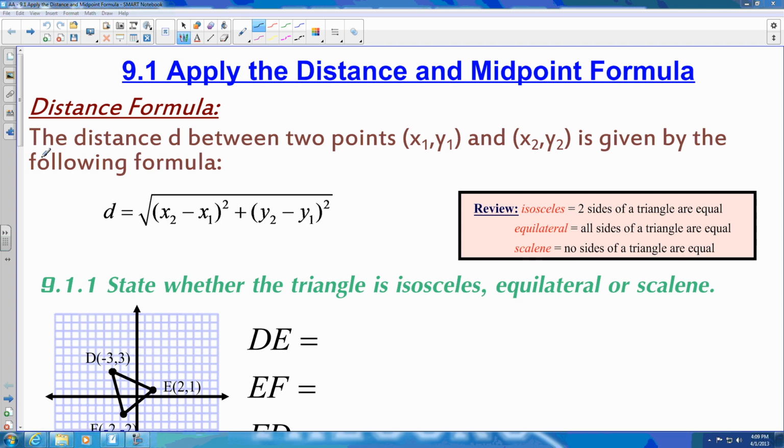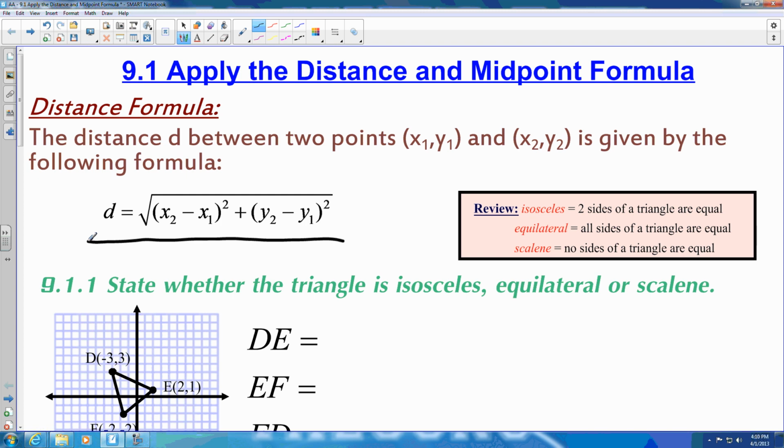Both of these formulas are taken from coordinates on an xy coordinate plane, and the distance formula allows us to find the distance between 2 points, x1, y1 and x2, y2. The formula is d equals the square root of (x2 minus x1) quantity squared plus (y2 minus y1) quantity squared.